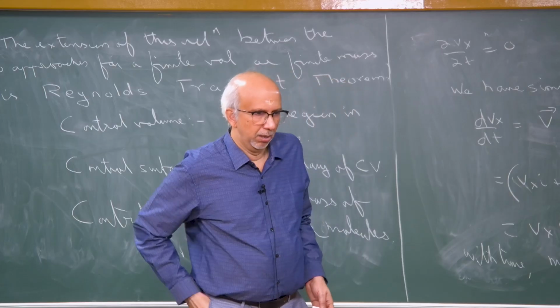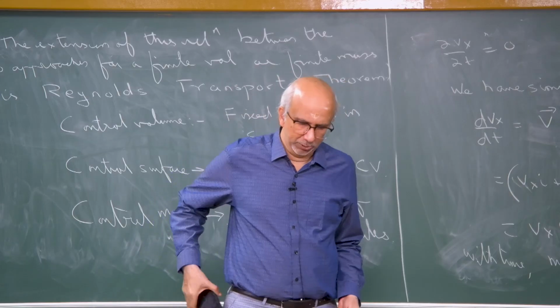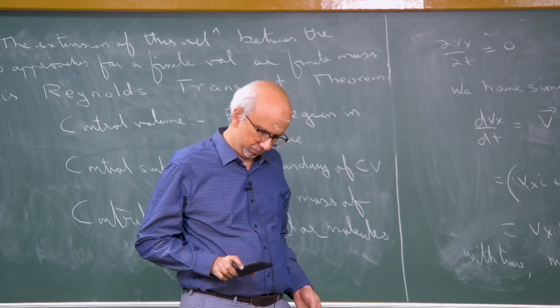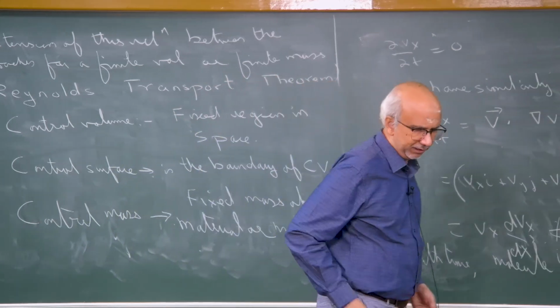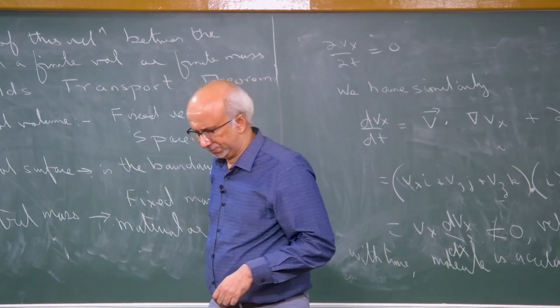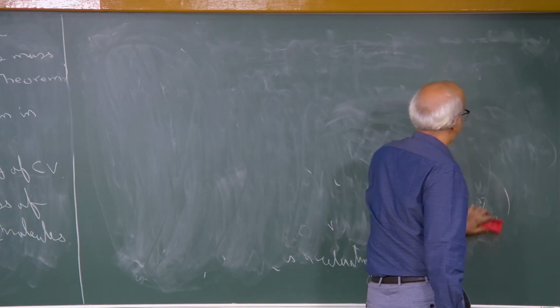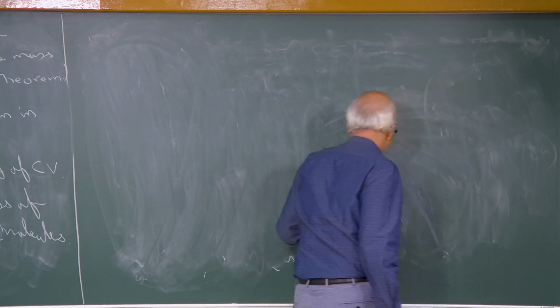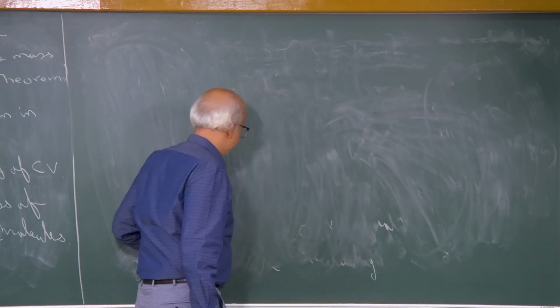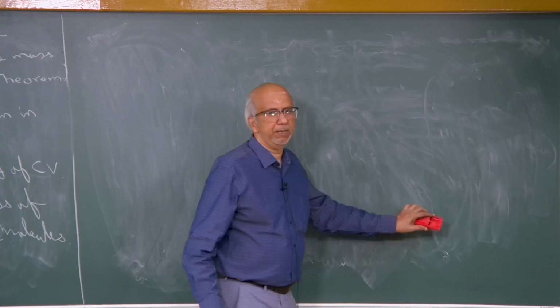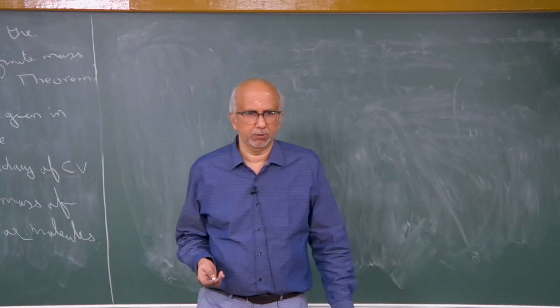So, now what we need to do is take this and do this extension. When you are doing all these conservation laws, we are going to focus on extensive properties, properties which are dependent on the mass, okay.